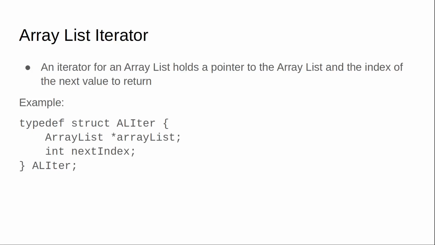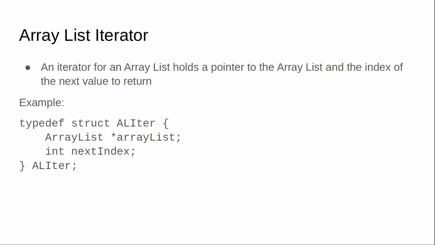All right. We talked about iterators a little bit at the introduction to data structures. An iterator is something that allows for traversing a data structure from its beginning to its end. In the case of an array list iterator, it holds a pointer to the array list that it is iterating over and the index of the next value to return.